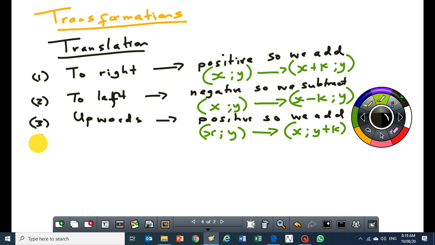Okay, did these last two. Then downwards, that's negative. So we subtract.